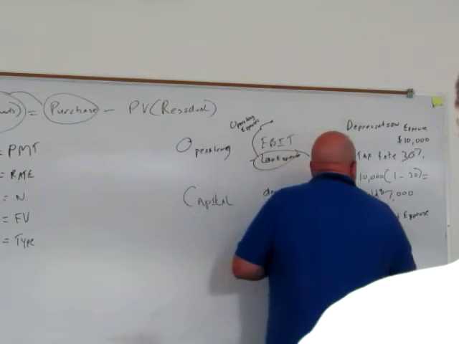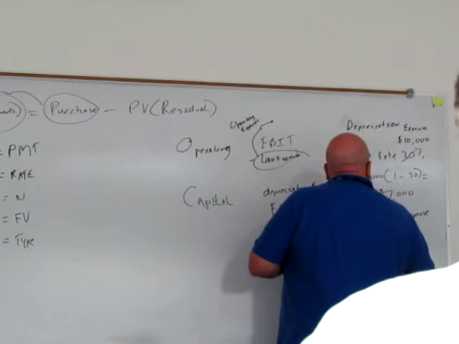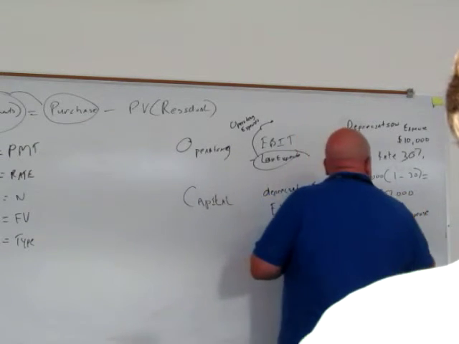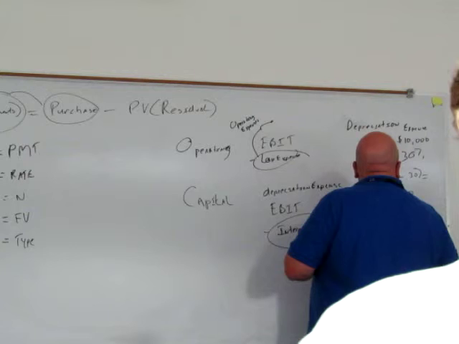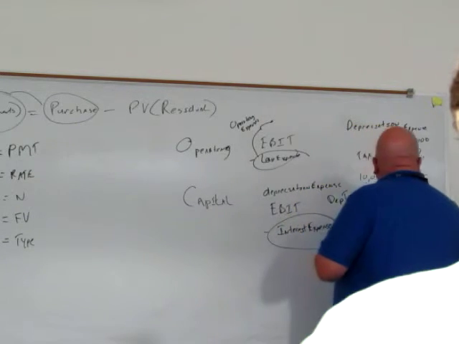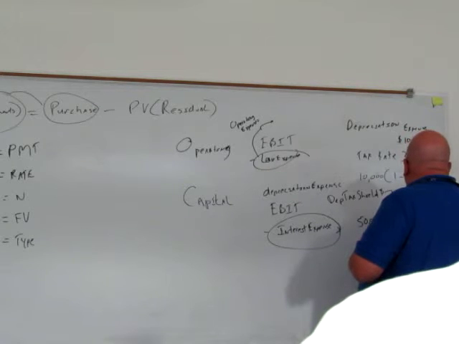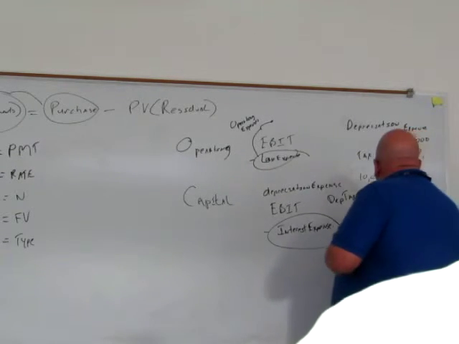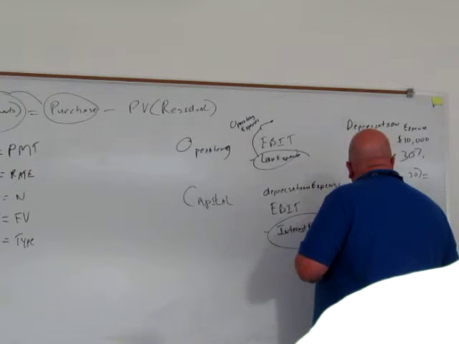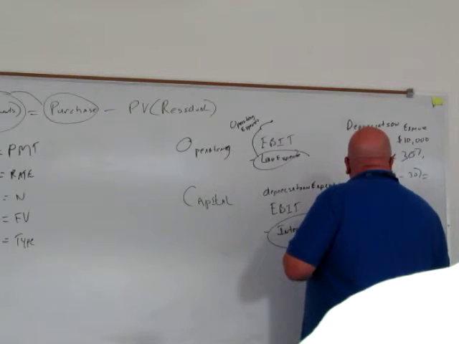So that would be what? 50 times what? 1 minus 30% is for 50 and 35,000. And that's the interest.